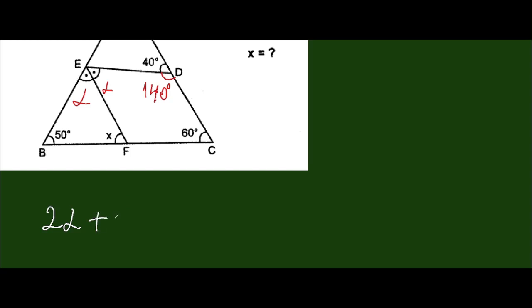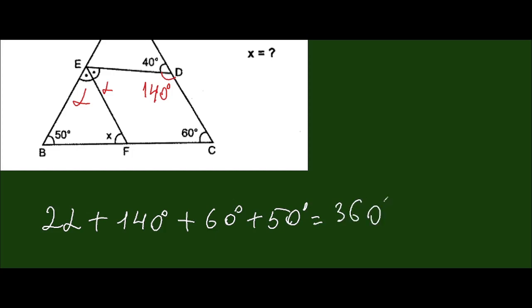This angle will be 140 degrees, and we can find out alpha here. 2 alpha plus the sum of interior angles, 140 degrees, interior angles of the quadrangle BEDC will be plus 60 degrees plus 50 degrees will be equal to 360 degrees.